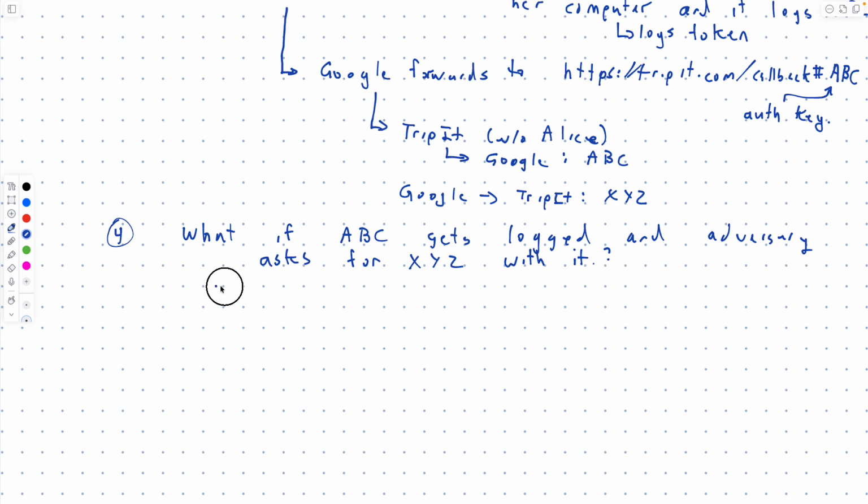Okay, so what will happen is, we're going to do a kind of challenge response sort of protocol, or actually it's more of a commit reveal protocol. What TripIt will do is they will choose a random value.